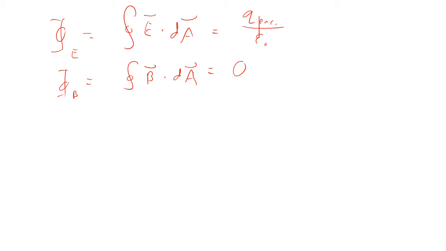And Faraday's law was that the EMF, which we also know is the integral of E dot ds around a closed loop, would be equal to minus the rate of change of magnetic flux in that loop. And so we have there Faraday's law of induction.